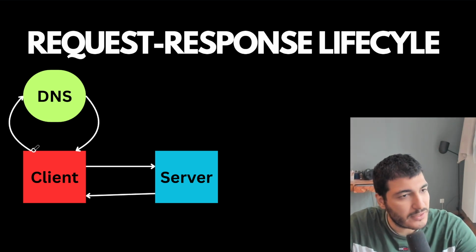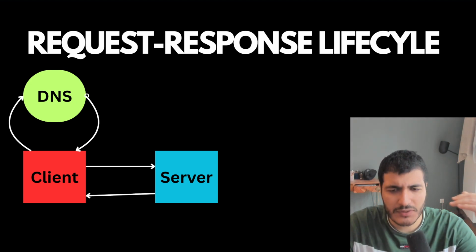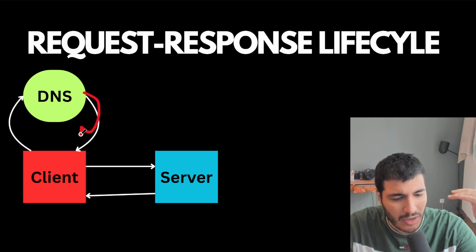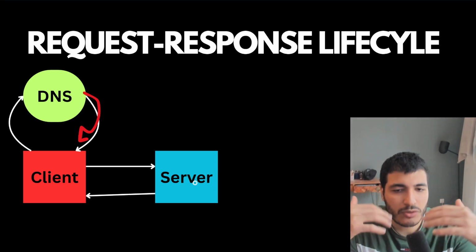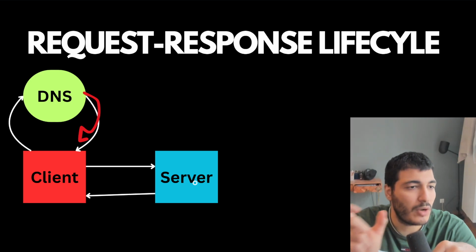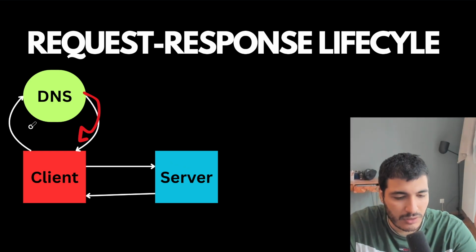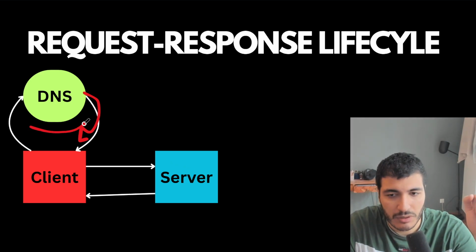When the client sends the name to the DNS, the DNS will send back the IP address to the client. And once the IP address is obtained, it will make HTTP requests to the server. So your client resolves a DNS name to an IP by using a DNS service.